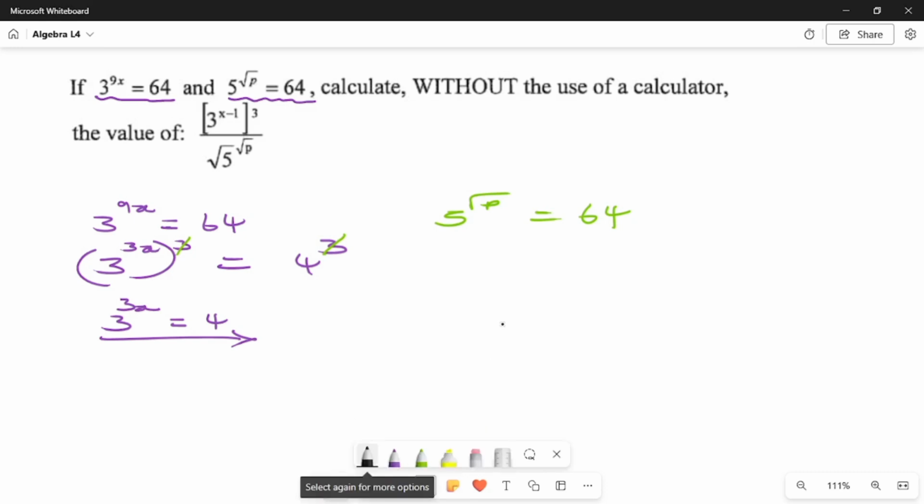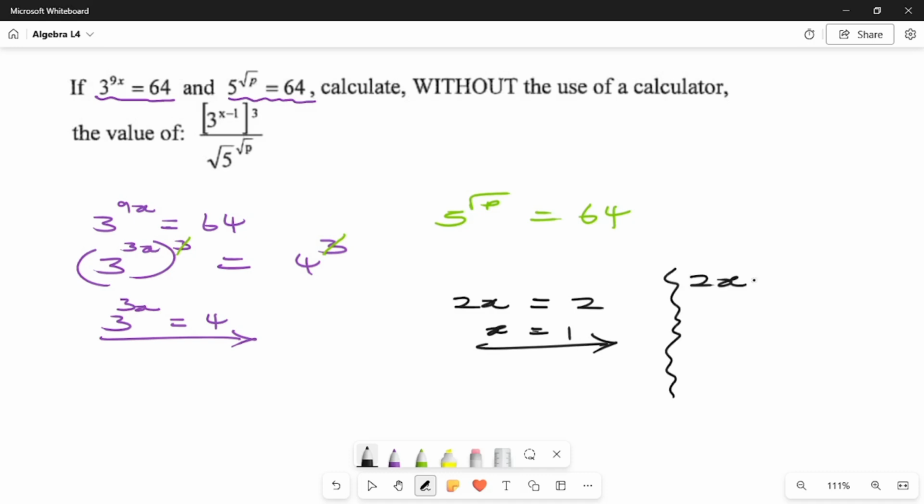Let's say that we have 2x is equal to 2. Let us say this was the expression. When we solve for x, we know that x is equal to 1. Is that not true? Now let us try to do this. Let us say 2x minus 1 is equal to 2.